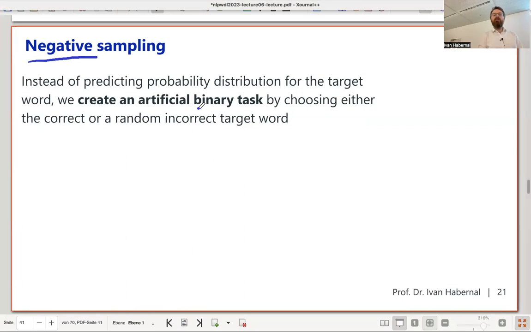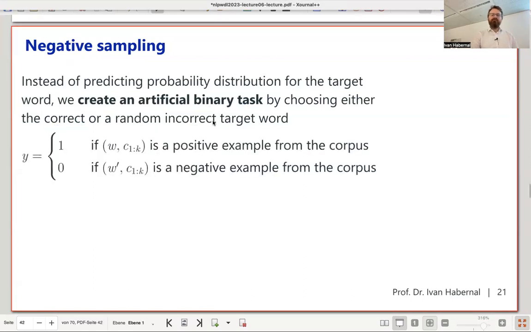We're going to make it a binary task, so a single output neuron. We create this task artificially by choosing either the correct target word or some random incorrect target word. The label of our example will be 1, so positive.